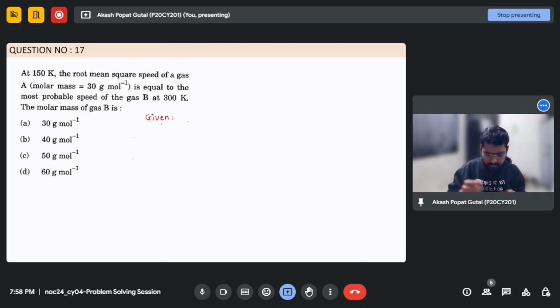So 60 gram per mole. No, can you recheck your calculation?